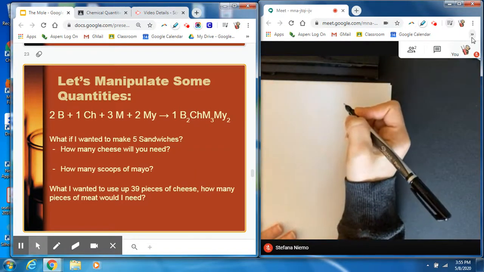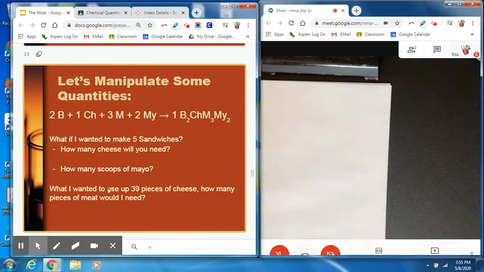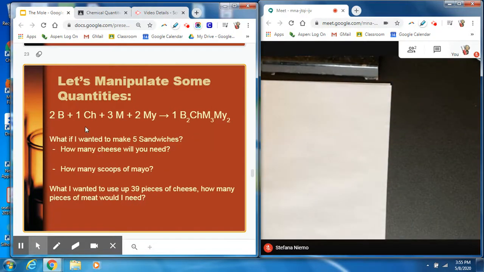We know the relationship of meat to cheese. You can look right at our chemical equation to find it. For every 1 piece of cheese, we need 3 pieces of meat. So they have a 1 to 3 relationship.